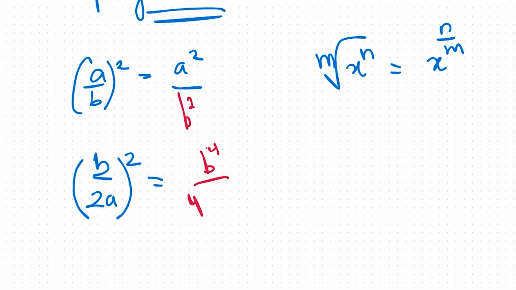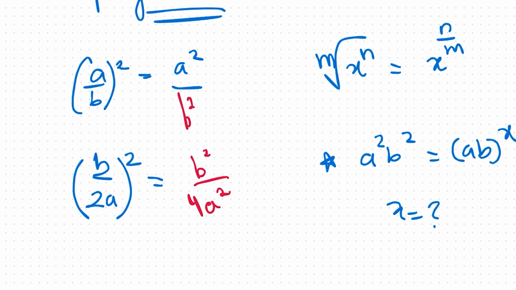Wait, b squared upon 4a squared. That is correct. So these are some things. And let's say a squared into b squared is equal to ab power x.